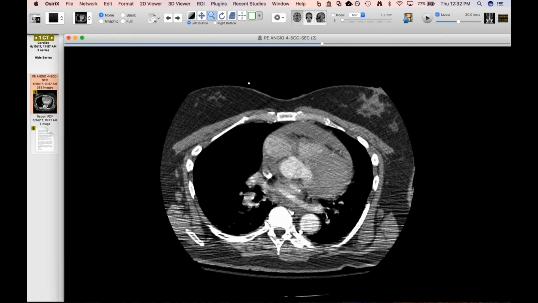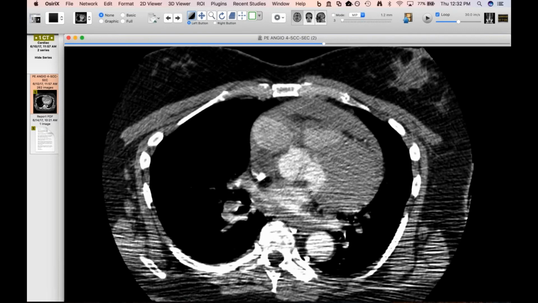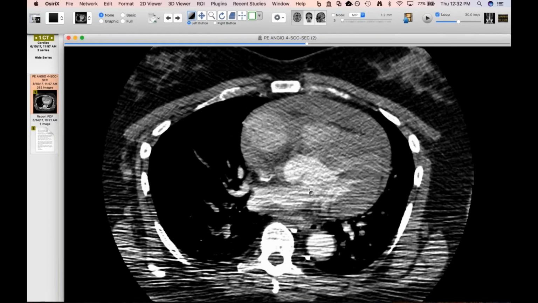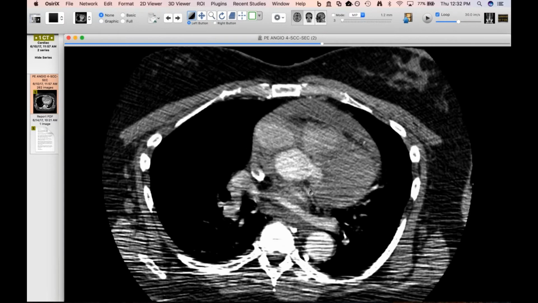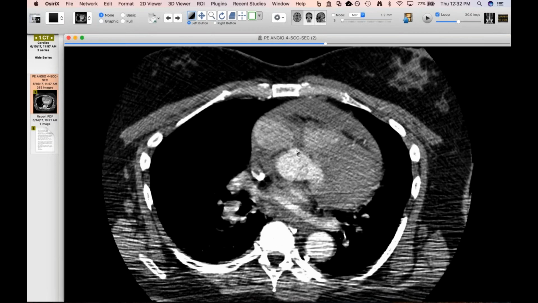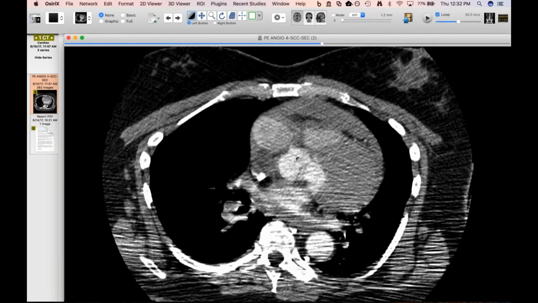But in this case, check out what is happening right here. There's this big spherical thing right in the right atrioventricular groove. Even though it's such a crummy exam, I think you can hallucinate on one of these images that it looks like it's arising from the proximal right coronary artery right here.